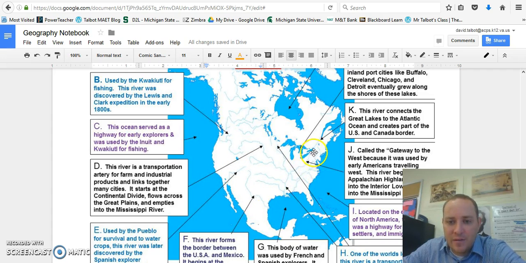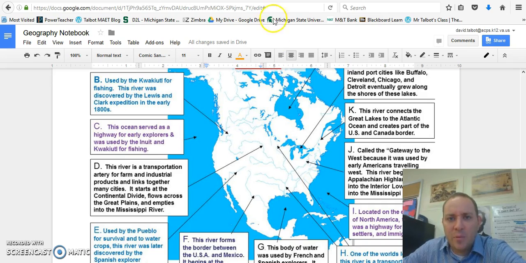Same thing on the eastern side of the continent, we have the Appalachian Divide. So some of our rivers are going to flow west, and all the rivers that are east of the Appalachian Mountains and the coastal plain are going to flow east. So depending on what body of water you're talking about, you have to do a little bit of examining.